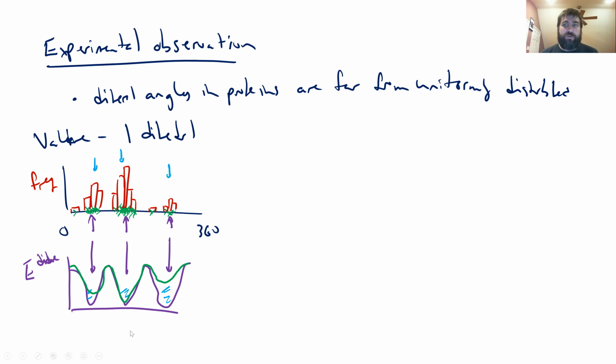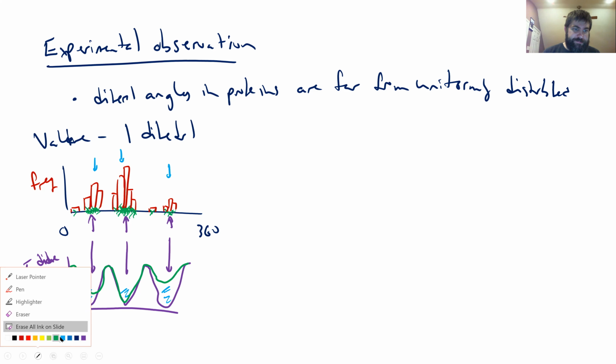And if we go to systems that have more than one dihedral, this pattern continues and can even be looked at in multiple dimensions. And so if we take a look, for example, at a residue like phenylalanine.